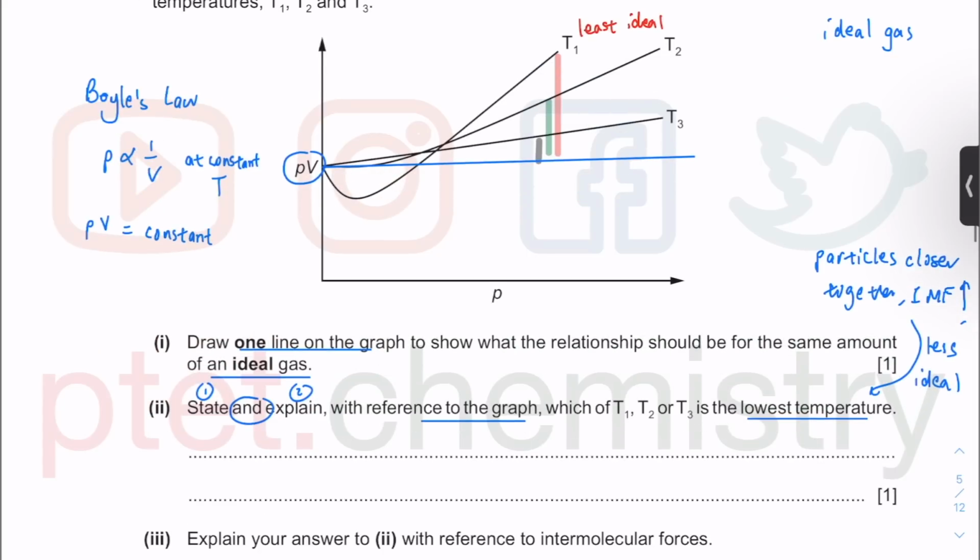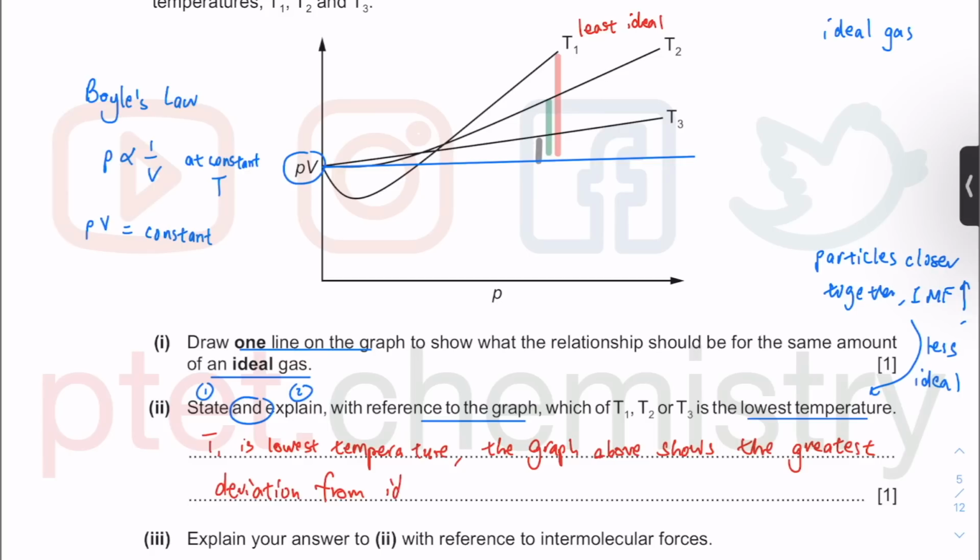Okay, so T1 is going to be the lowest temperature based on what I have said. That is the graph above, so you need to use the graph. The graph above shows the greatest deviation from ideality, consistent with stronger intermolecular forces.